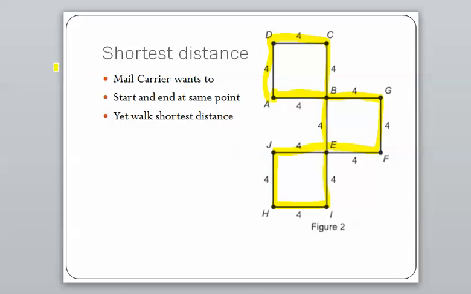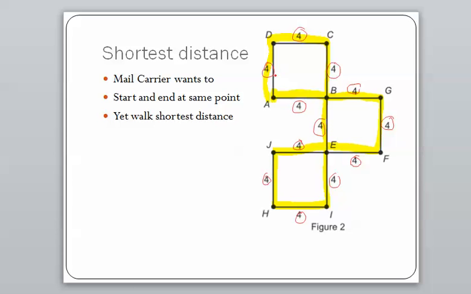So let's see here. What was his distance that he actually traveled there? Well, he went 4, 8, 12, 16, 20, 24, 28, 32, 36, 40, 44, 48. He went 48 units, whatever this is here. That's the way you'd get this.